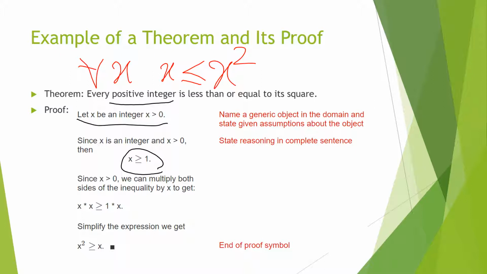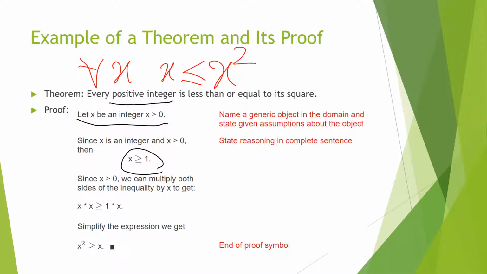Now, since x is positive, we can multiply both sides of an inequality by x and keep the direction of the inequality the same. So in algebra, you know that if you have an inequality and you multiply both sides by a positive integer, you can keep the direction of the inequality as it is. But if you multiply both sides of an inequality by a negative number, then you need to reverse the direction of that inequality.